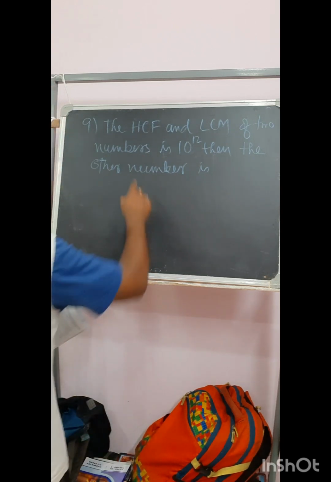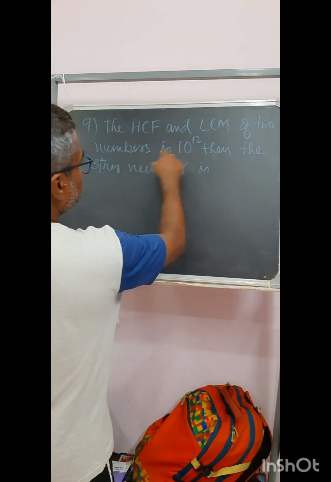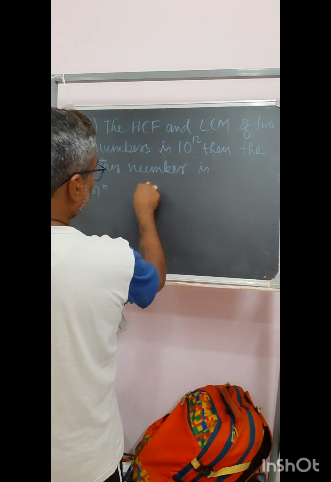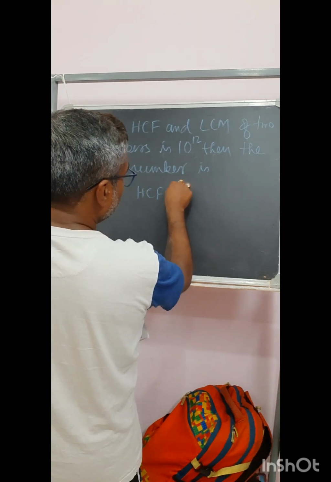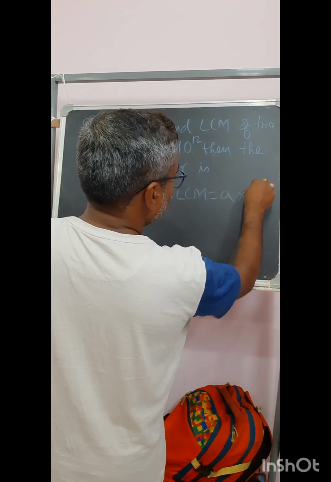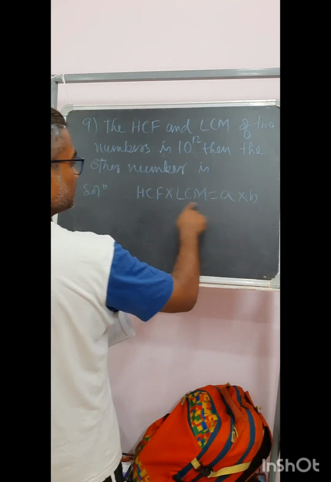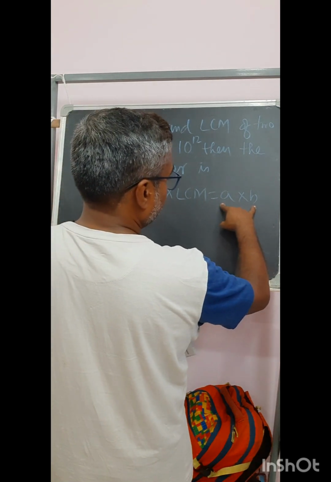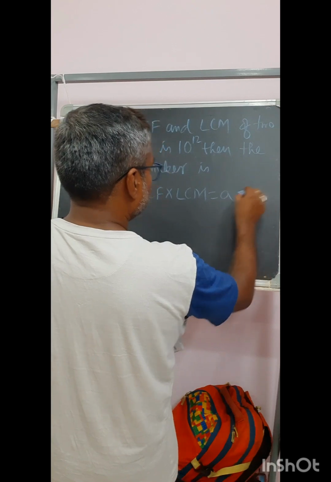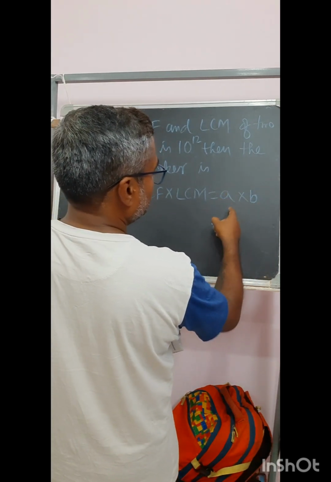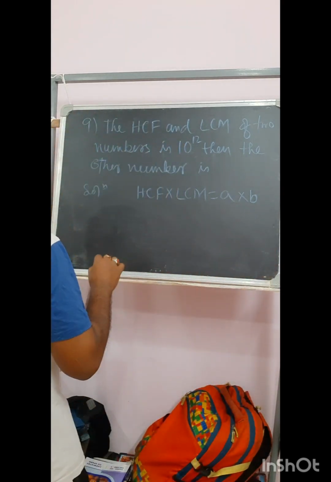So the HCF and LCM of two numbers are given. In this case, you have to use the relation where HCF into LCM is the product of the two numbers. If you know the HCF and LCM of two numbers A and B, then multiplying HCF and LCM will be equal to the product of those numbers.